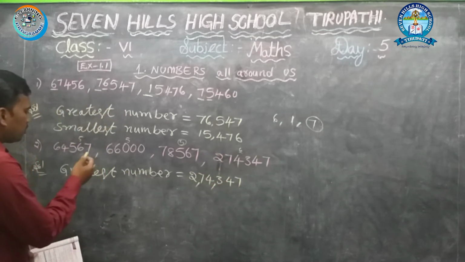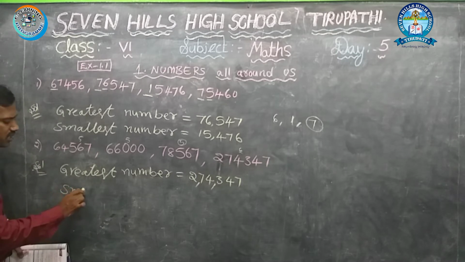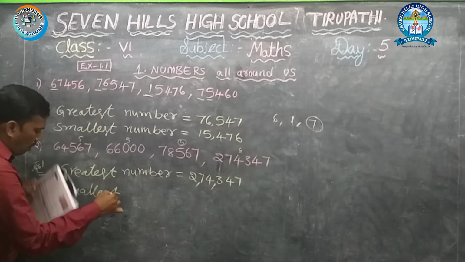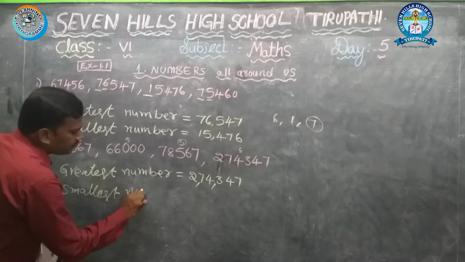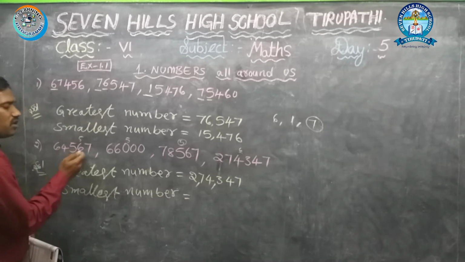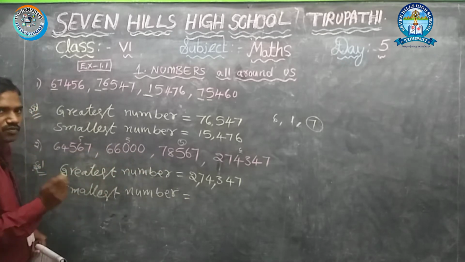Now we want to find out which one is the smallest number among these three numbers.